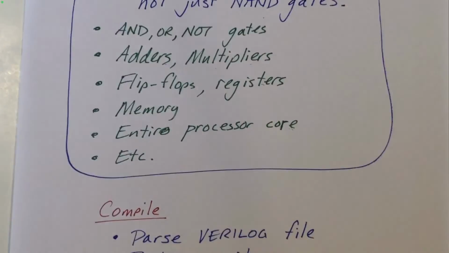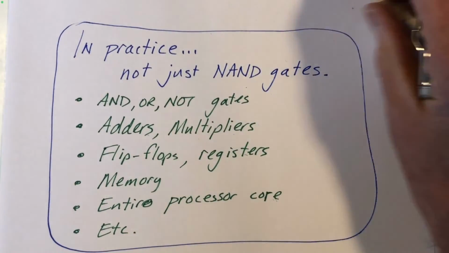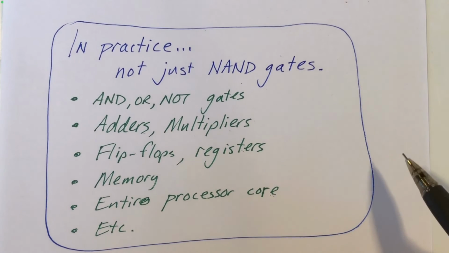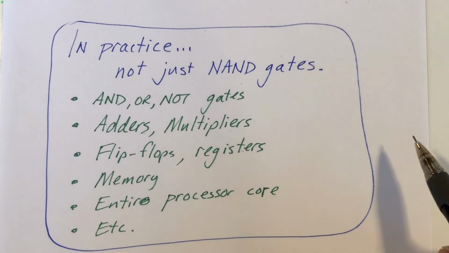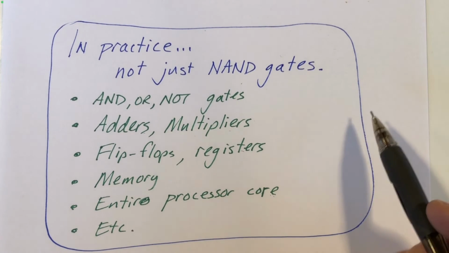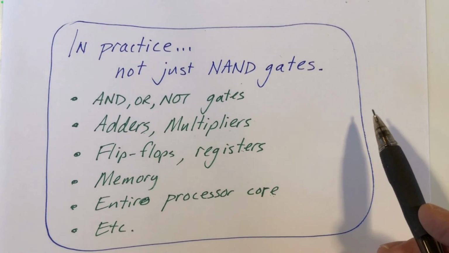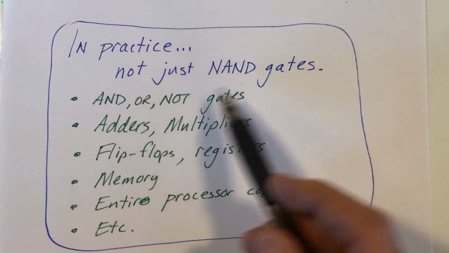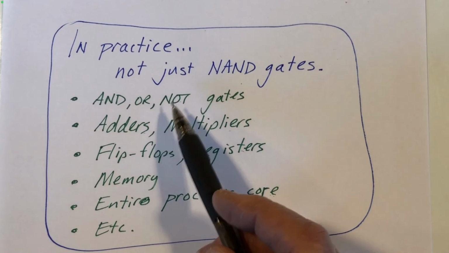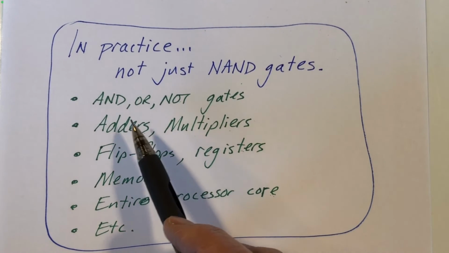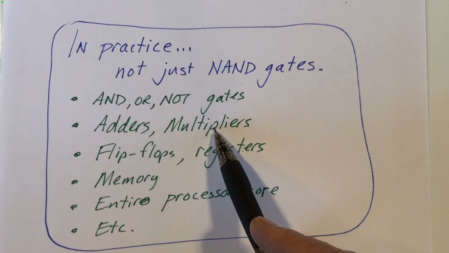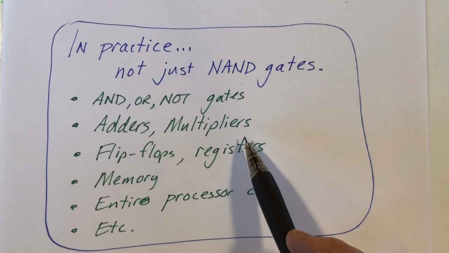Now I've shown an example with just NAND gates, but in reality NAND gates are really too simple, and there's a lot more on the FPGA fabric than simply NAND gates. For one thing, we can have other kinds of gates, but we will also have things like adders and maybe multipliers and bigger circuits.